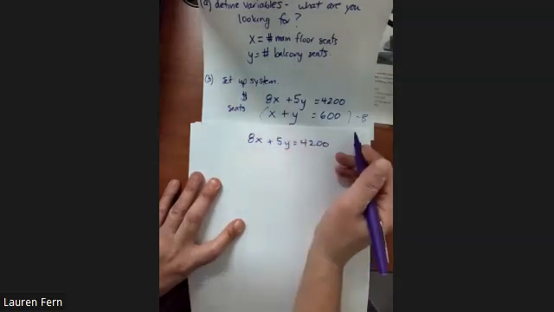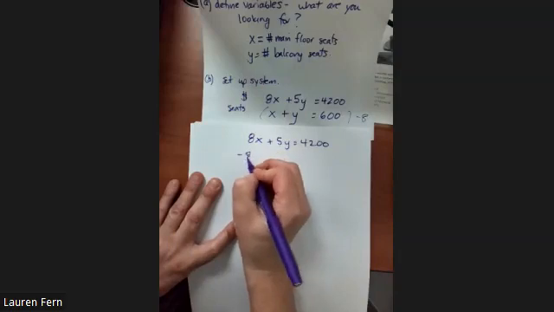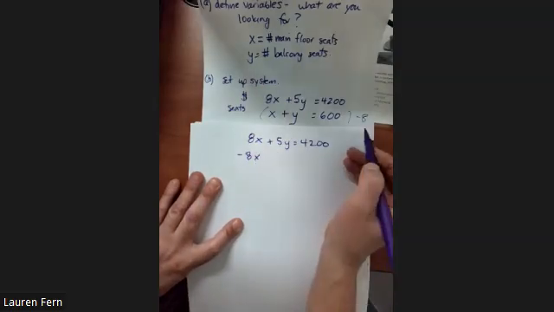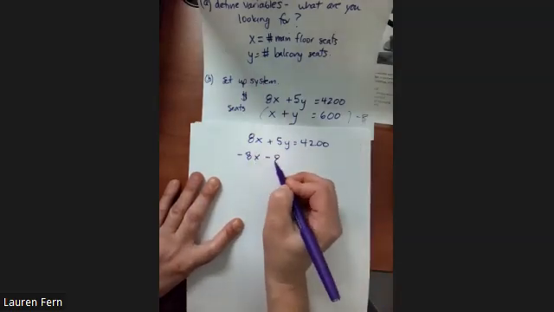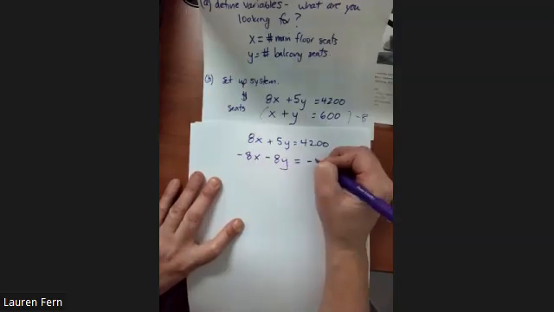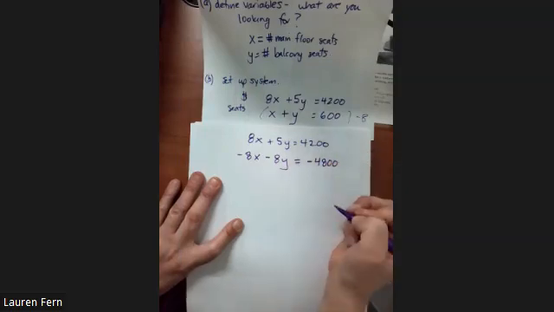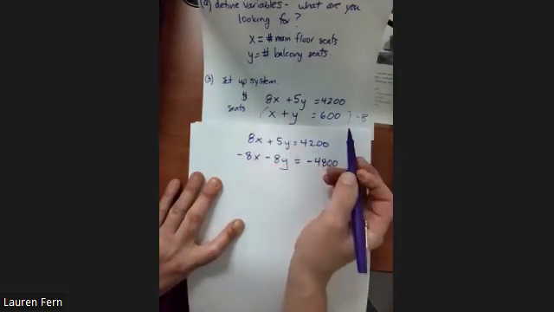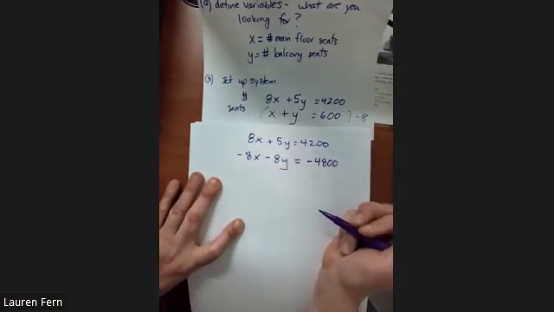If I take my bottom equation and multiply through by -8, again, my goal is to get additive inverses. I'm going to have -8x minus 8y is -4,800. Got to multiply each term by that -8.